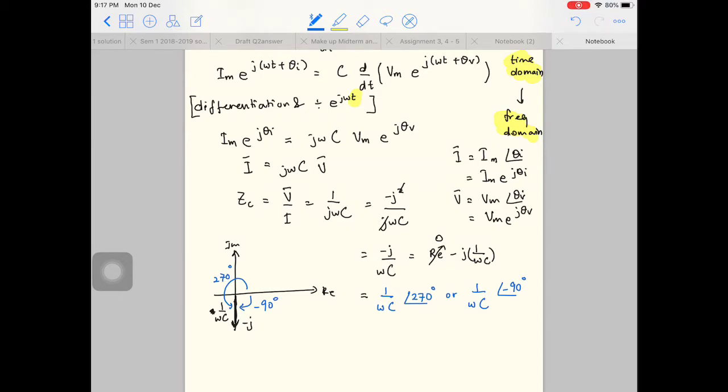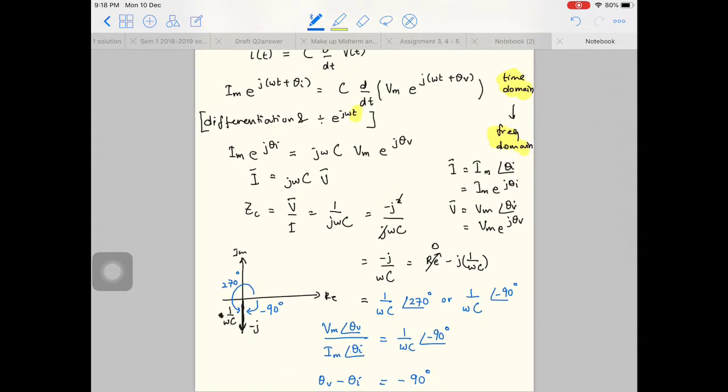Now, how do we relate this to the theta difference? This is equal to Vm angle theta V divided by Im angle theta I, which is equal to 1 over omega C. We take the negative 90 degrees because it is smaller in degree. So theta V minus theta I, because of the division, is equal to negative 90 degrees.